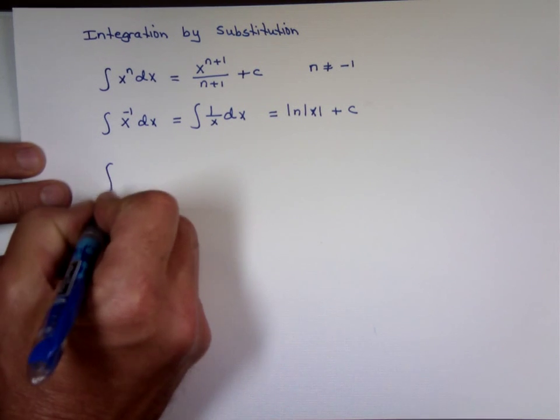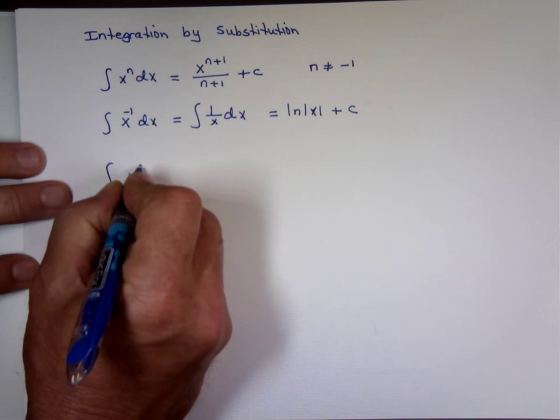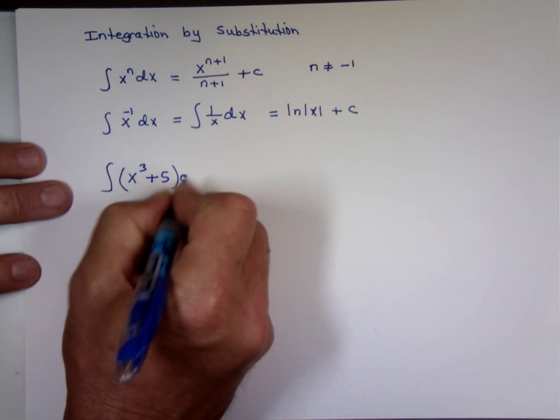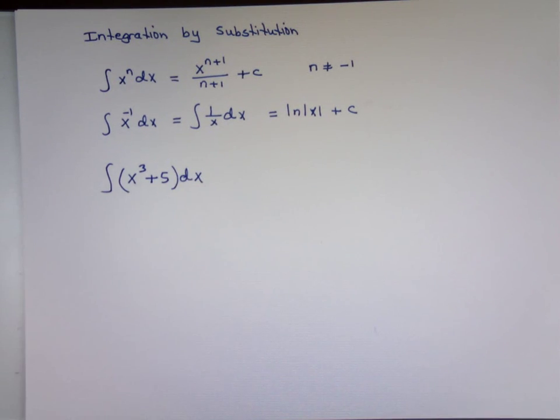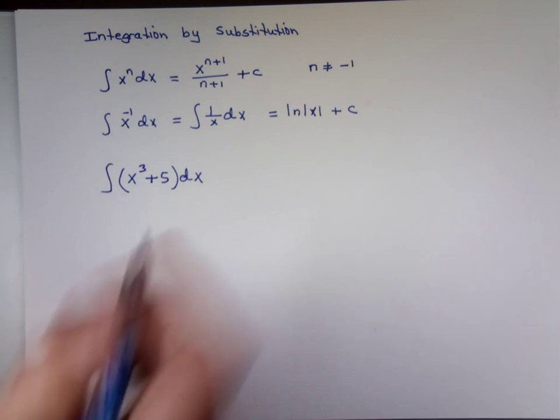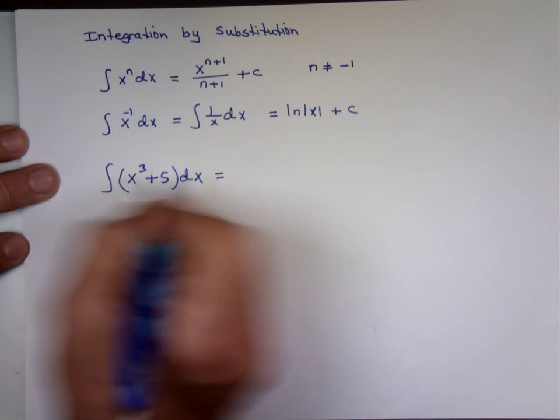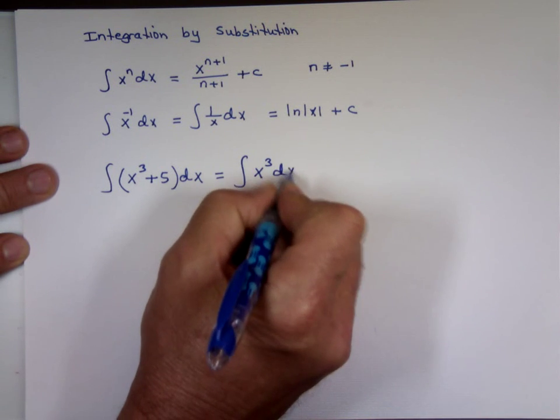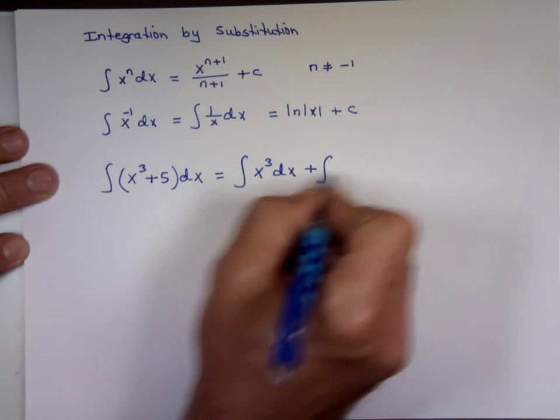So when I said to you, what's the integral of x cubed plus 5 dx? You go, okay, let's deal with this one. Break it down: the integral of x cubed dx plus the integral of 5 dx.